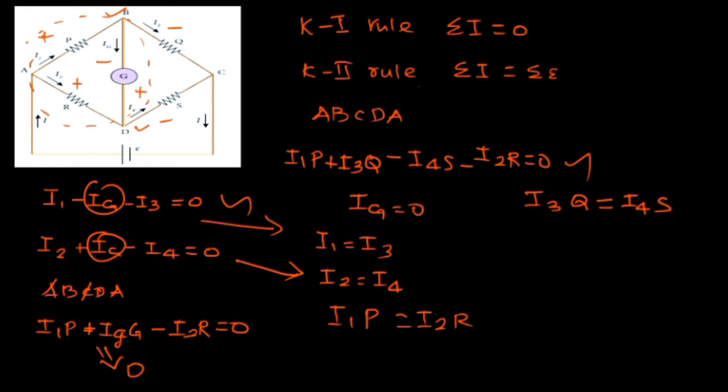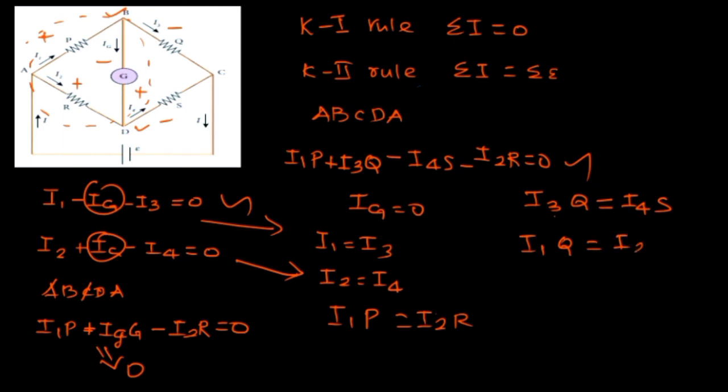Now divide these equations. We can retain P, and of course I3 is equal to I1, so you get I1Q, and I4 is equal to I2.